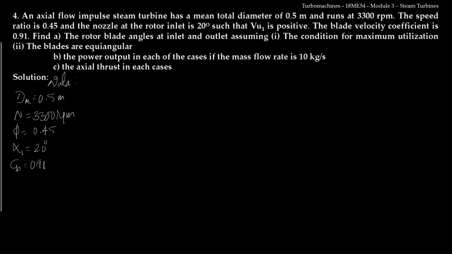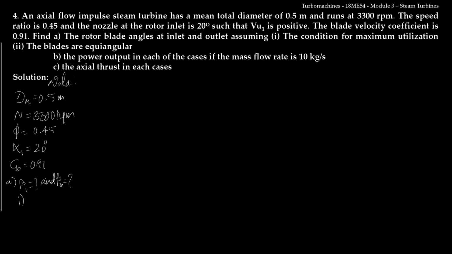And now we have 3 problems to be solved here. A, we need to find out the rotor blade angles, that is beta 1 and beta 2. To find out beta 1 and beta 2, they have given 2 conditions.